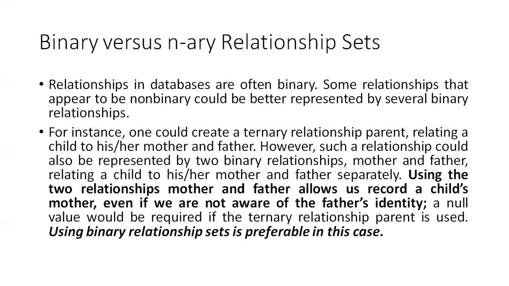But instead of that, we would have two different tables, child name and mother name, and child name and father name. We will have two different binary relationship sets, child and mother and child and father. In this case, if a particular child has a mother name and not a father name, then there will not be any relation between the child and father name.